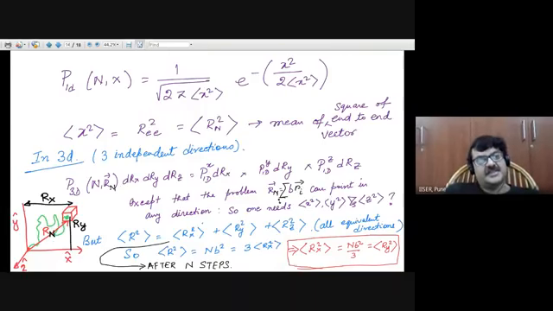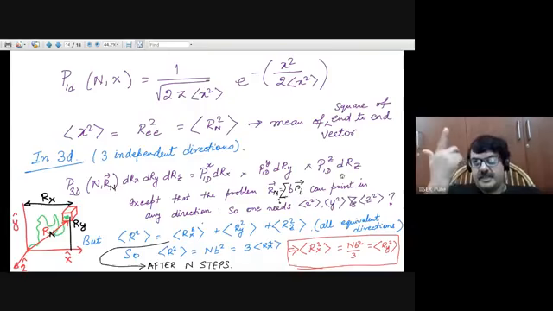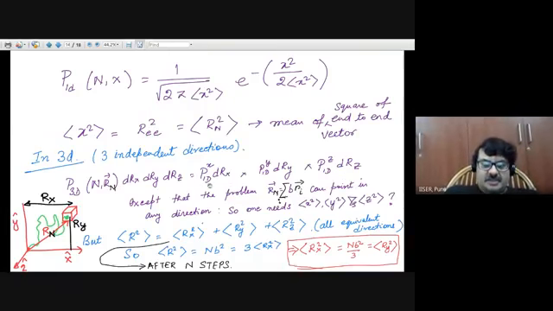So Rx is the net displacement in the x direction due to n steps, right? So one needs to calculate Rx square average instead of x square average, Ry square average instead of y square average if there was a random walk in 1D along the y direction, and so on and so forth, right? So this is the probability.